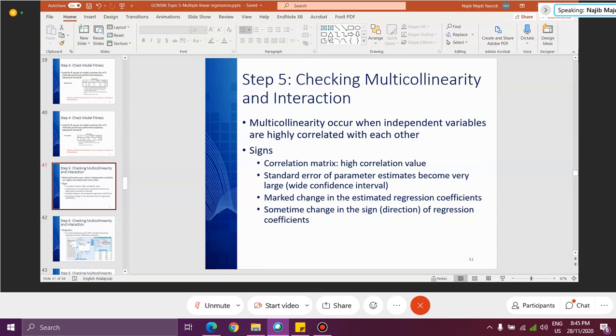Okay, if you remove variable with multicollinearity, the regression coefficient might change, and also sometimes there might be changes in the direction of regression equation by removing the highly correlated variable.